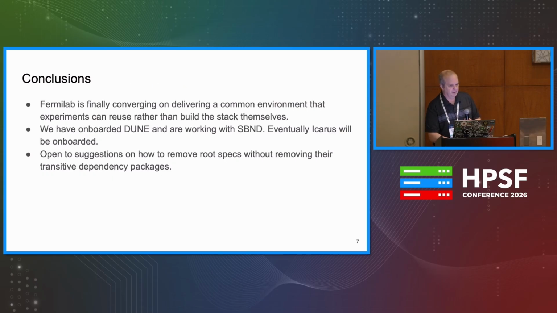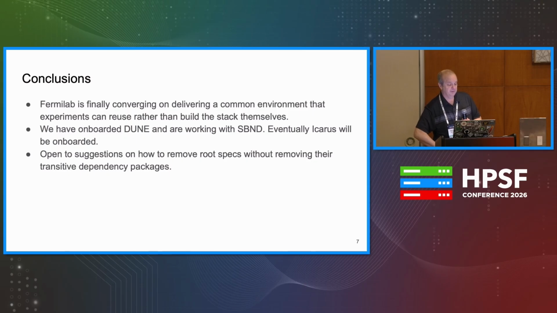So we are finally converging on delivering a common environment that the experiments can reuse without having to rebuild a lot of the packages. And we've onboarded the DUNE experiment. We have one particular postdoc working on that, and we are working with a graduate student, I think, from the SBND experiment. And we've heard that ICARUS will eventually get back to us when they have someone to work on it.